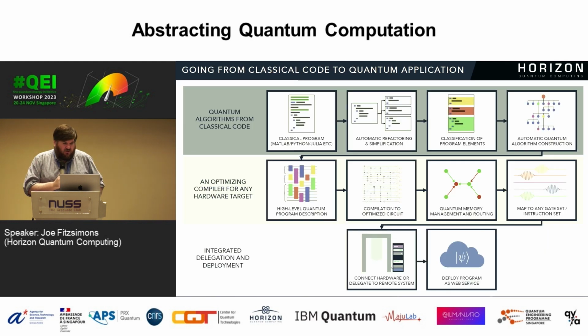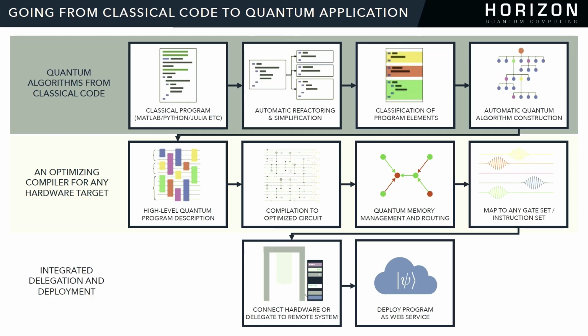Okay. So what we've been focusing on is to try to build a system to go all the way from classical code, so this being code written in, say, MATLAB or C or C++ or something like this, that can run on a conventional computer. Can we automatically generate a quantum algorithm from this that we can then compile down and execute on hardware, run it, get results back, return it to the user?